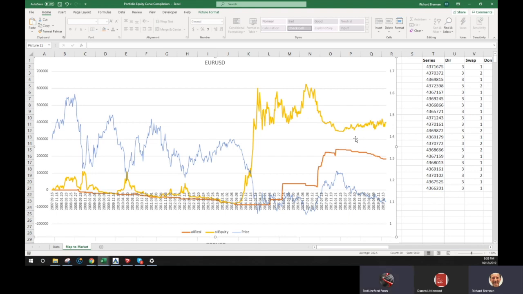As we saw before, we had 5 or 6 trades left open. So this is the discrepancy between our realized balance and our equity balance. Our equity balance is effectively the important metric to look at.